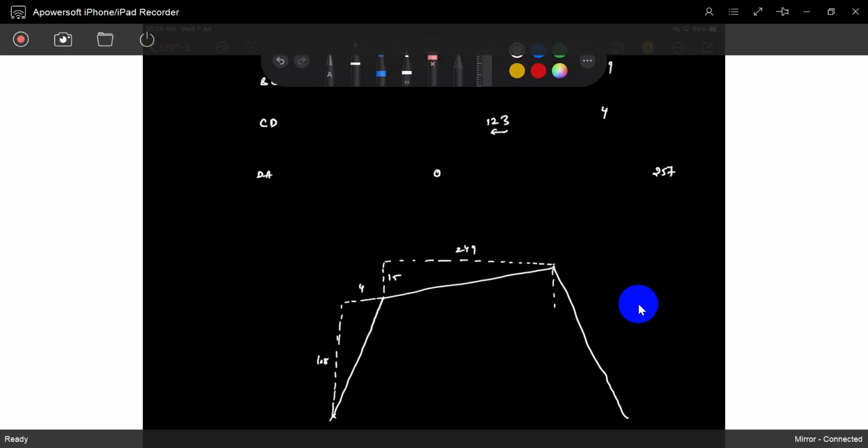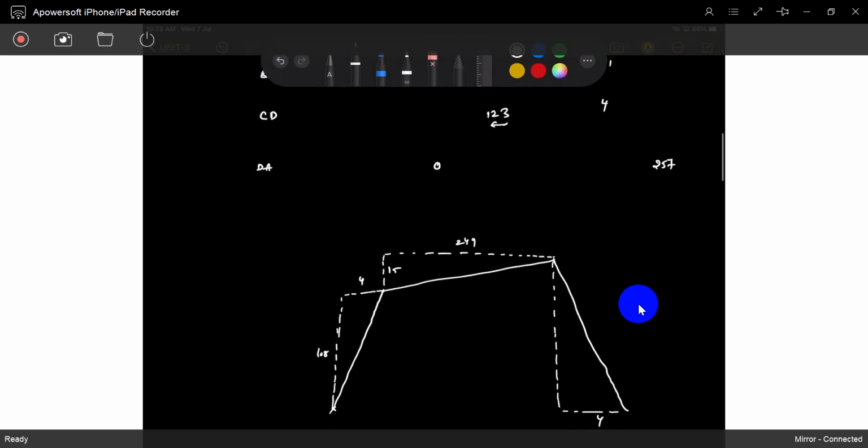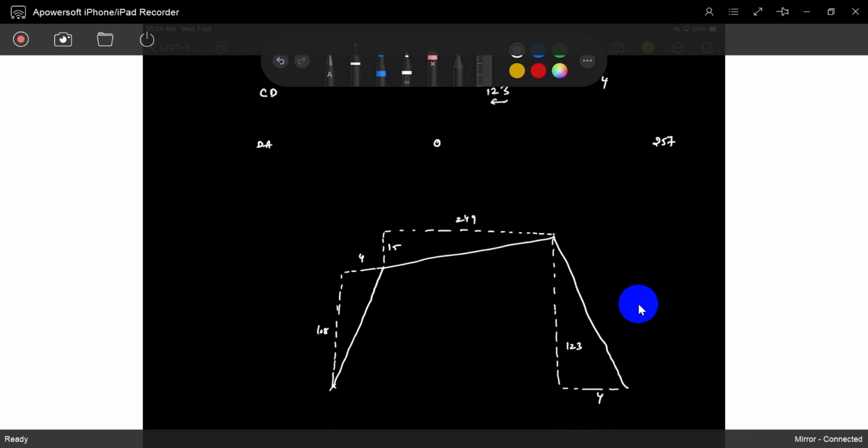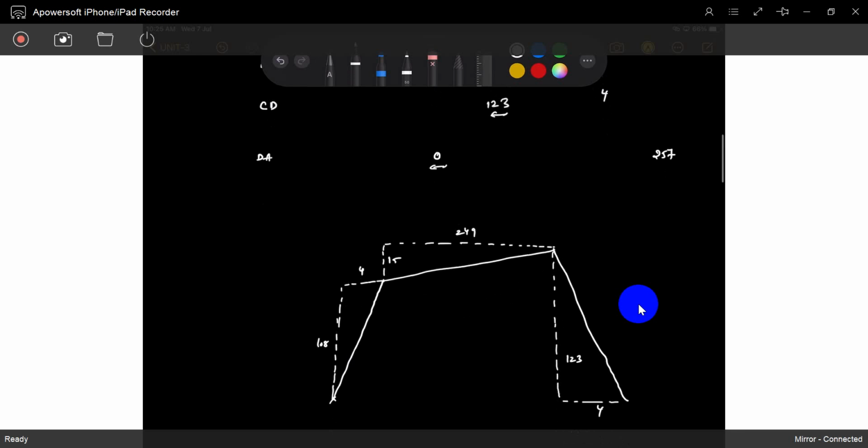So if you see, it is 4, it is 123, southwise. Sample diagram, 123, just a rough diagram. So later northwise is 0 and westwise is 257. That's it. It's a 0. It's a 257, sample diagram.